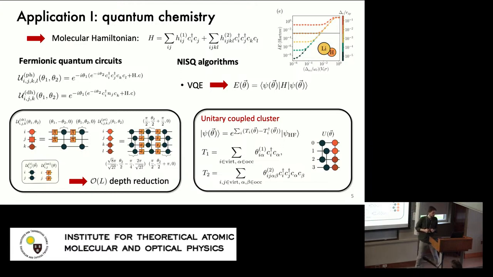I guess, on this slide, my understanding is classical algorithms are quite advanced for quantum chemistry. True. Is this the right question to tackle, or is there something within quantum chemistry? Have you talked to quantum chemists to figure out what is the right question to tackle?